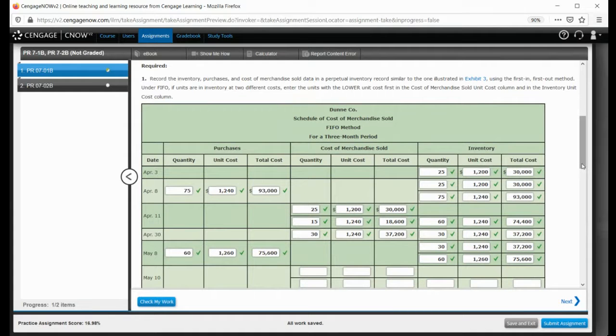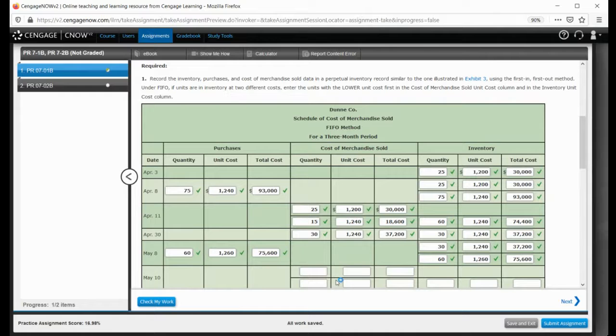You might remember that the second journal entry that we would have to record for a sale is to show that the cost of merchandise sold is increasing or going to be debited, and the merchandise inventory will be decreasing. Now, in the last chapter, they told you what the cost of goods sold amount is. In this chapter, we have to determine that cost of merchandise sold in the cost card itself.